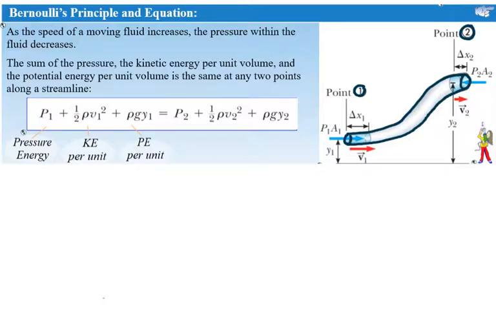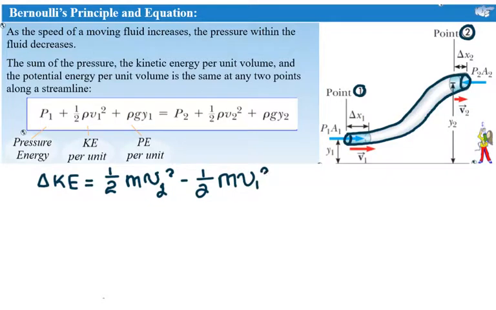So for conservation of energy, I have the change of the kinetic energy, and that will be equal to one half the mass of, let's say, a certain amount of water, V2 squared, minus one half the mass V1 squared.